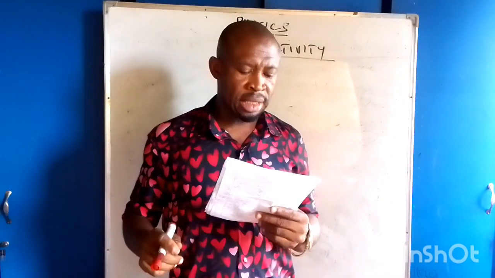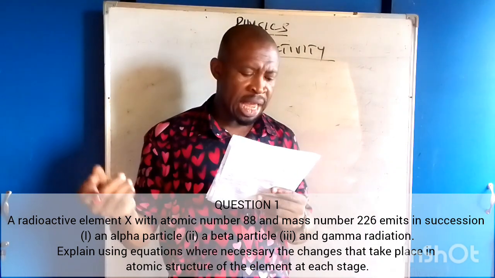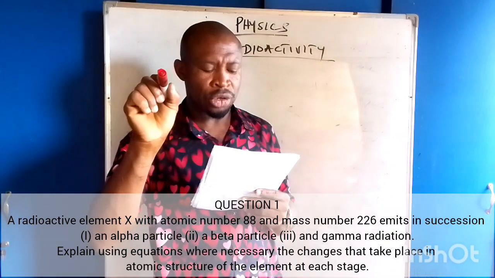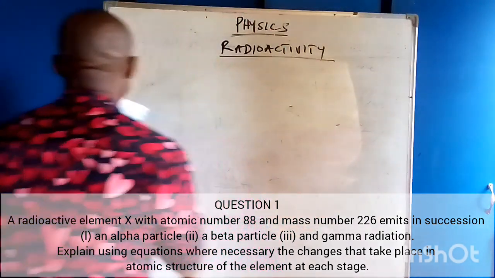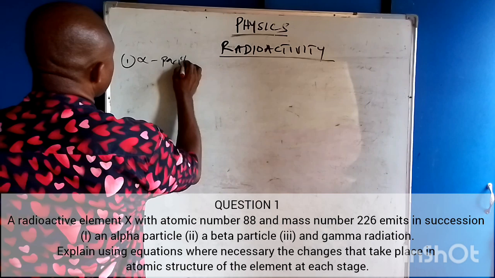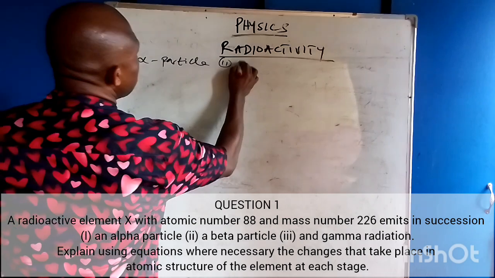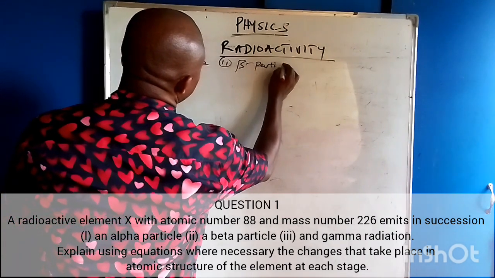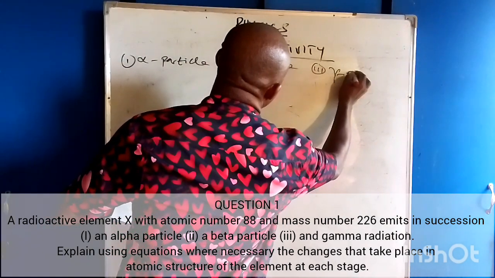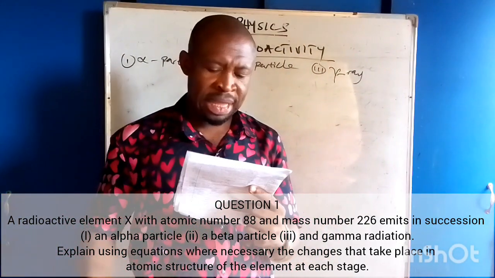This question says, a radioactive element X with atomic number 88 and mass number 226 emits in succession: 1. an alpha particle, 2. a beta particle, 3. a gamma ray. So it emits in succession an alpha particle, a beta particle, and a gamma ray.